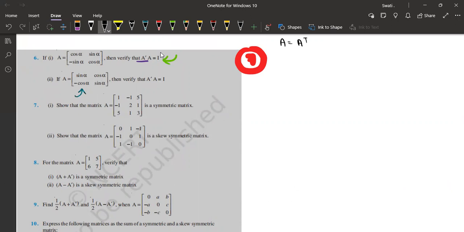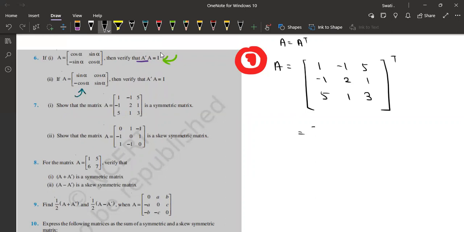If you are getting this condition, then your matrix is a symmetric matrix, let's check. We have A given. We will directly find out A transpose, right? Or you can do one thing, let's write down first A: 1, minus 1, 5, minus 1, 2, 1, 5, 1, 3, right? Now, what is the transpose of this?